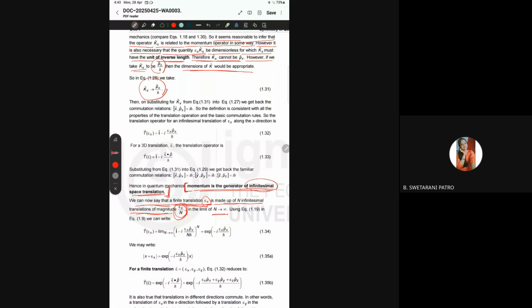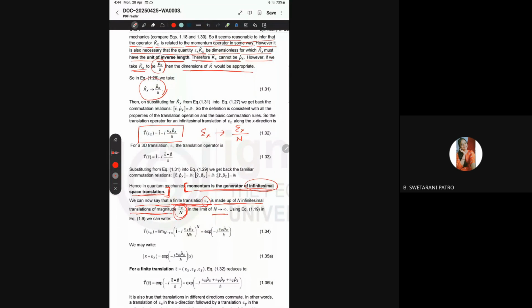Right? If we substitute there, our epsilon x will be replaced by epsilon x by n. So if we substitute that, what will happen? We have to do this translation one by one, so that will be getting multiplied.